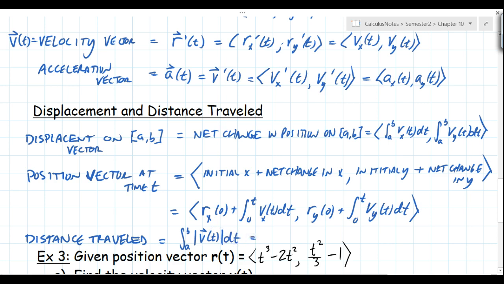And remember, to get the magnitude of the velocity vector, we use the Pythagorean theorem. So that's going to be the square root of the x component of velocity squared plus the y component of velocity squared with respect to t.